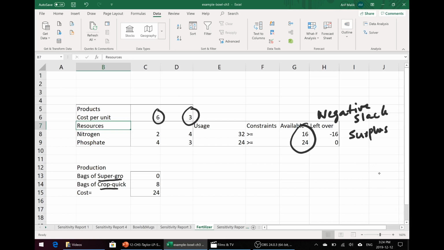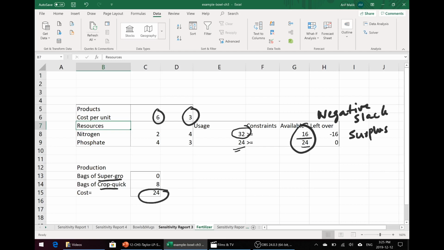So we will have a surplus of 16, which means that although the minimum requirement is 16 pounds, we have already a surplus there in the optimal solution. And the minimum requirement for phosphate was 24, and the usage is also 24. There is no surplus here. The optimal says also that it is 24.